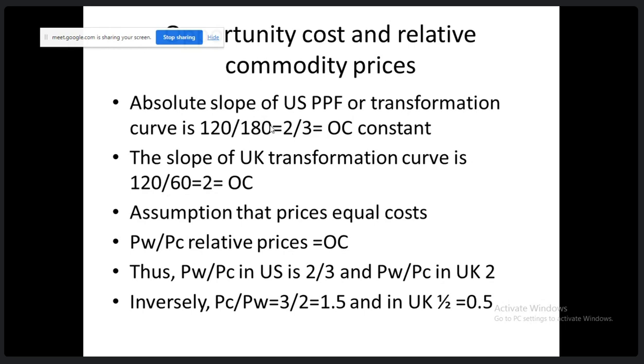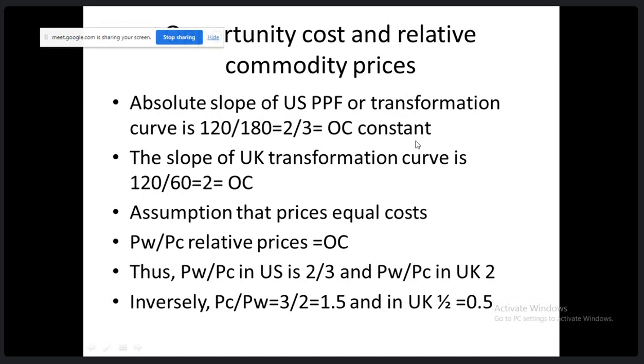So how did we get 120 by 180? It is the slope of the production possibility frontier, or what we call the marginal rate of transformation. So for every 2 additional units of cloth that I want to produce, I am sacrificing 3 units of wheat.